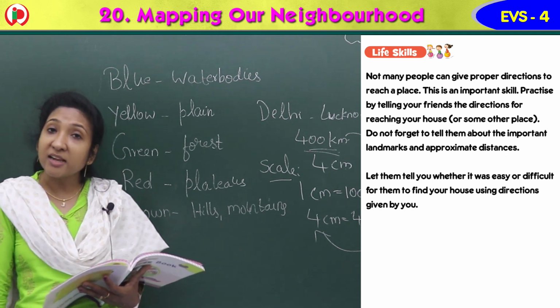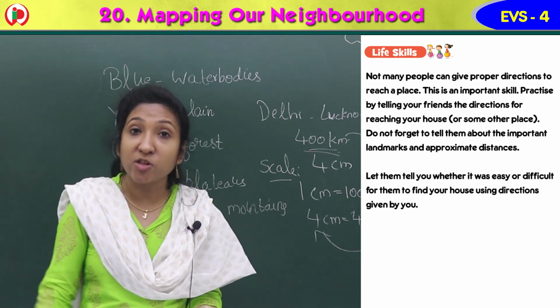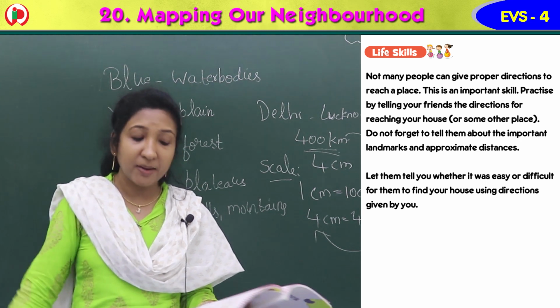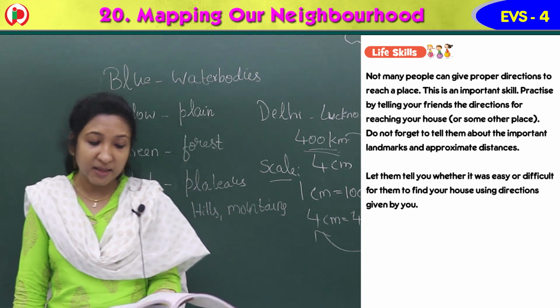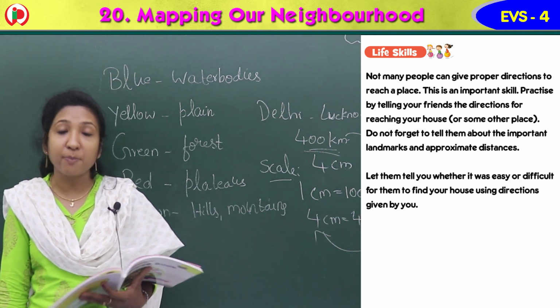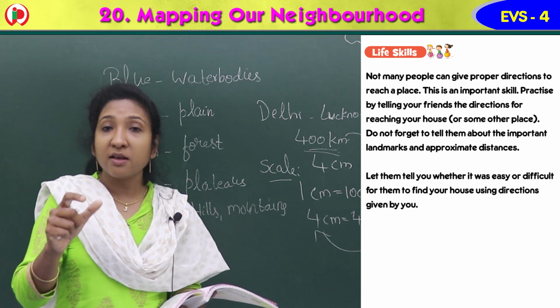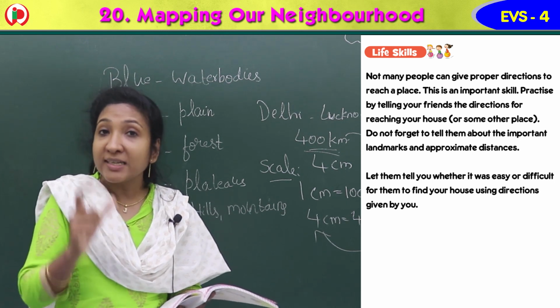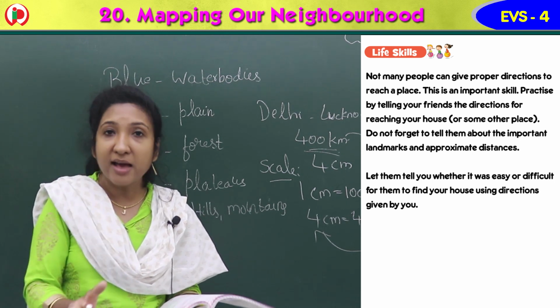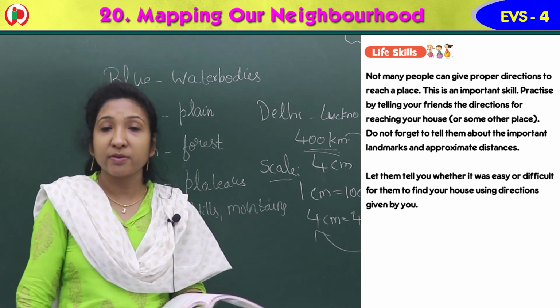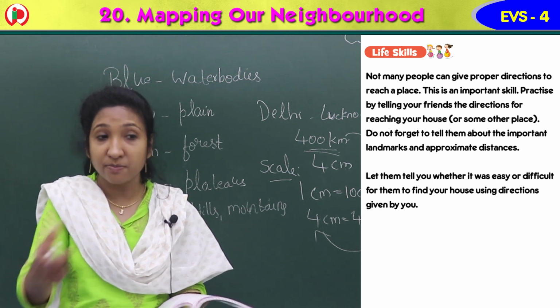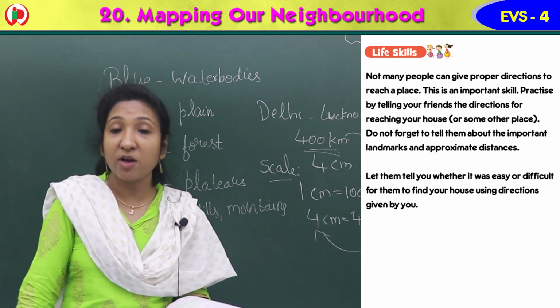How? You tell your friends the exact location of your address or some other place. Do not forget to tell them about the important landmarks and approximate distances. When you practice, you should tell them some landmarks in your neighborhood, in the area where your house is.